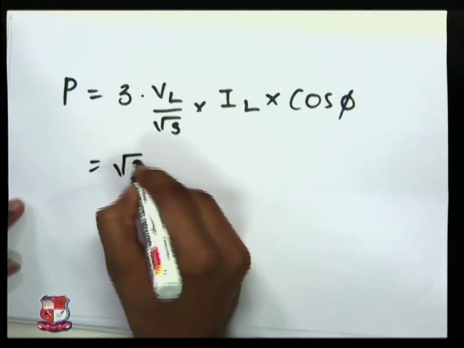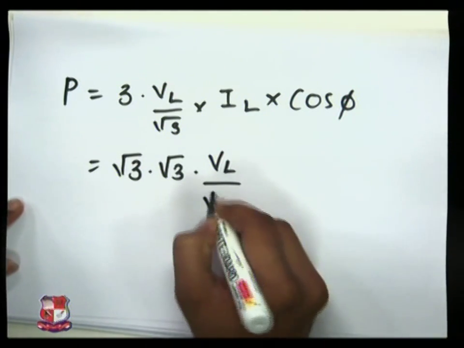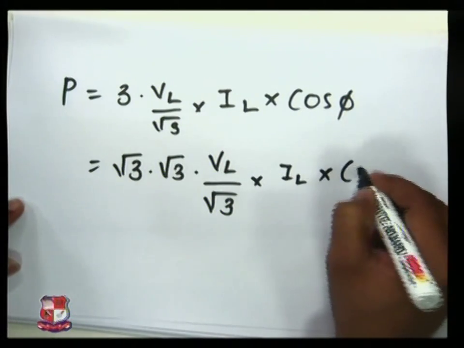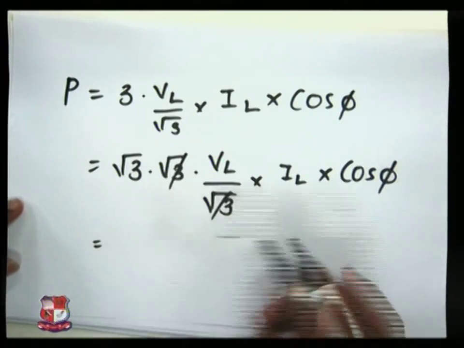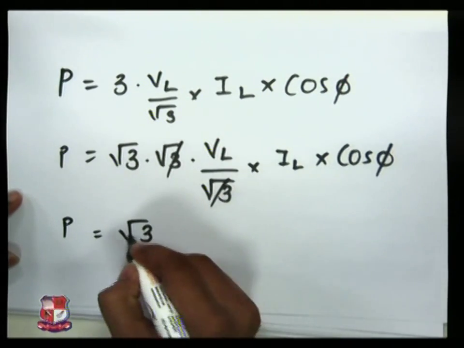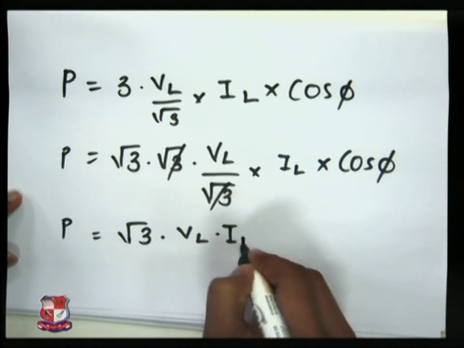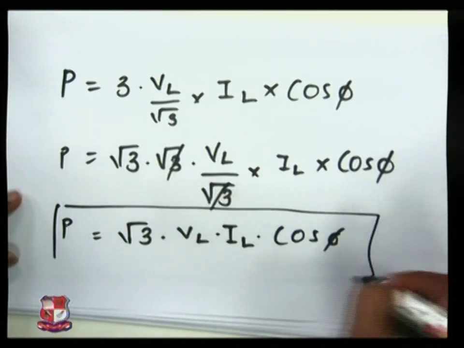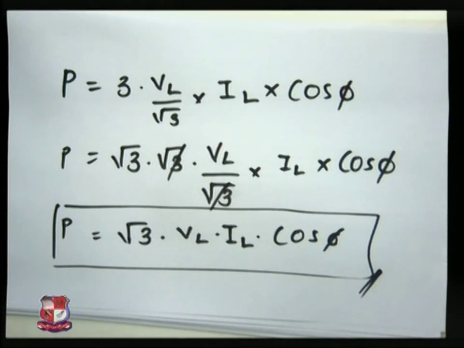Writing 3 as √3 into √3, the √3 cancels out, so finally we get the power consumed as √3 VL IL cos phi. This is the power for a star connection.